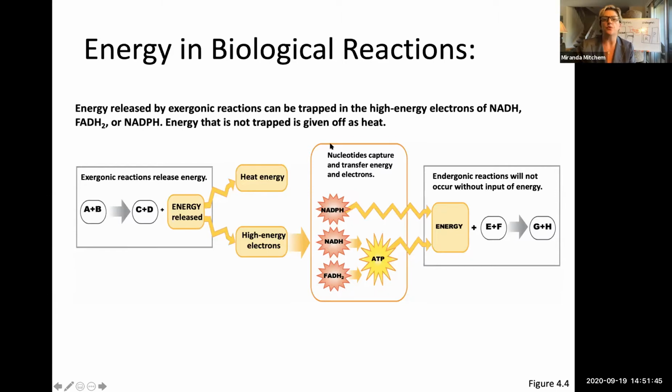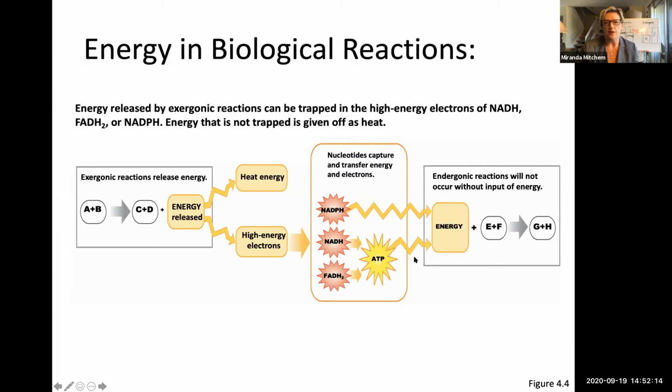and that brings in the role of some of our electron carriers. That's what I like to call these molecules: NADP, NAD, FAD. They've all got the H on there right now, so they're carrying their electrons. But these electrons can be shuttled then to produce ATP, which then can go in as the source of energy for the endergonic reaction.